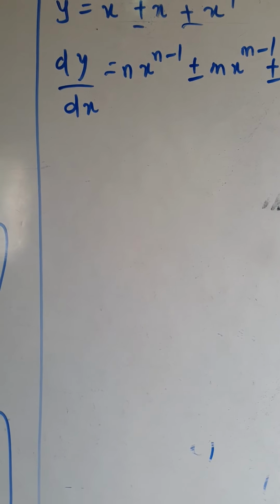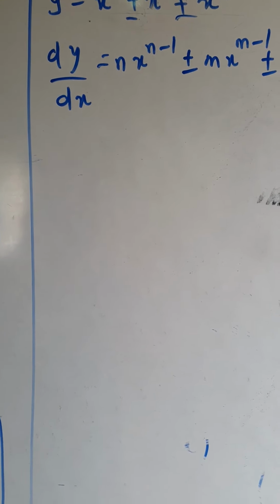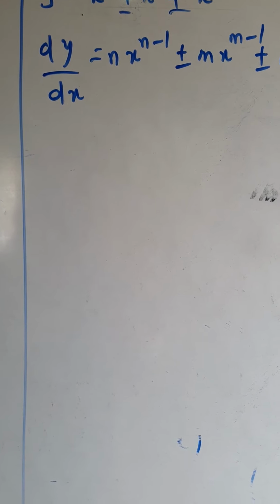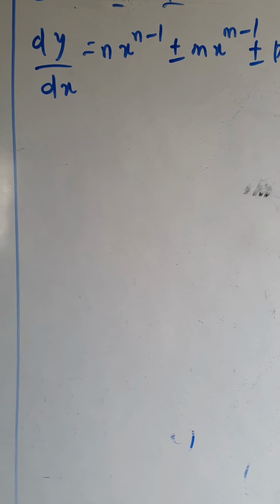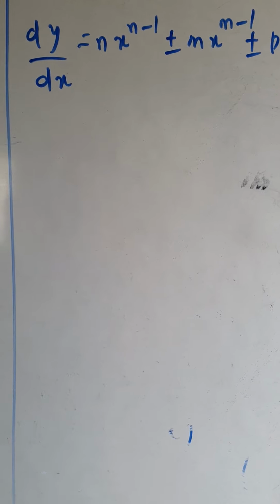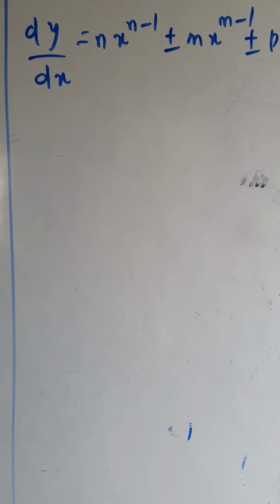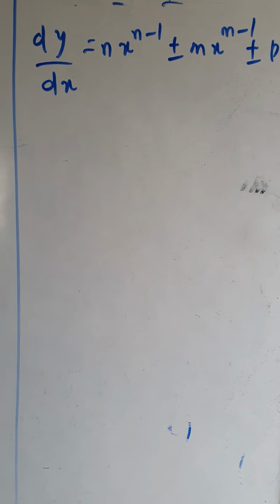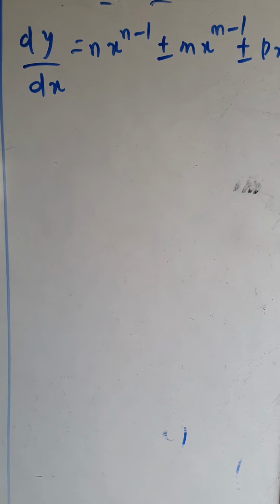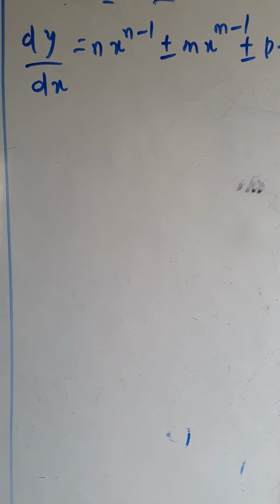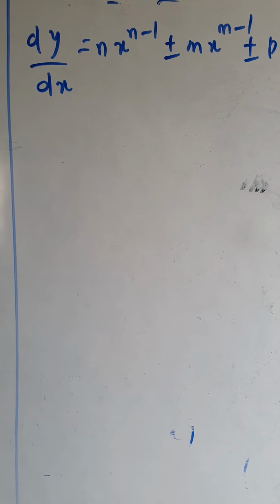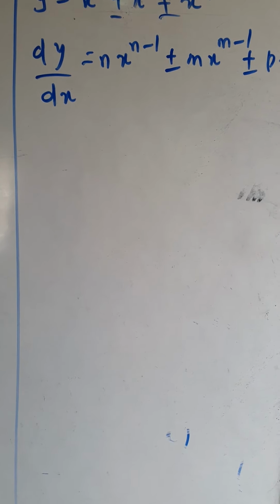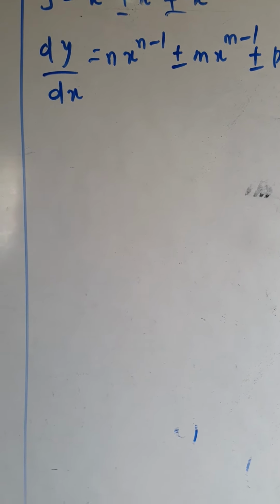Suppose you know the average value of speed, then you can get the instant value with the help of the differential operator. If you know the average value of momentum, you can get the instant momentum with the help of the differential operator. This is the use of differentiation. In the next video I will show you the next topic.